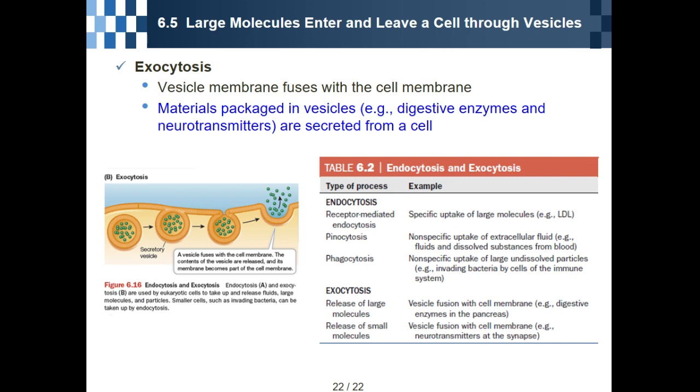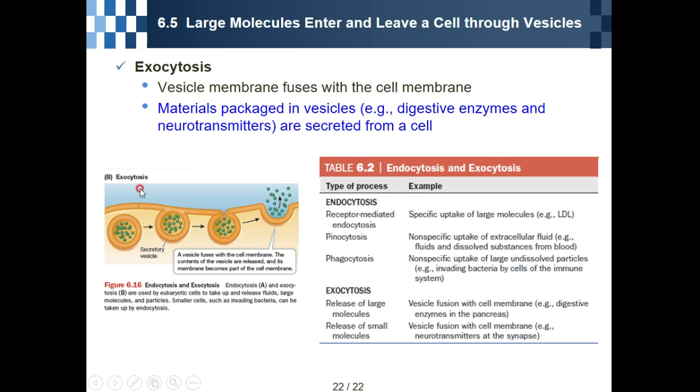The final one is exocytosis. So sometimes we have lots of undigested material inside the cell. At that time, this large molecule cannot penetrate the membrane, or even though there is a channel protein, it cannot be transported.